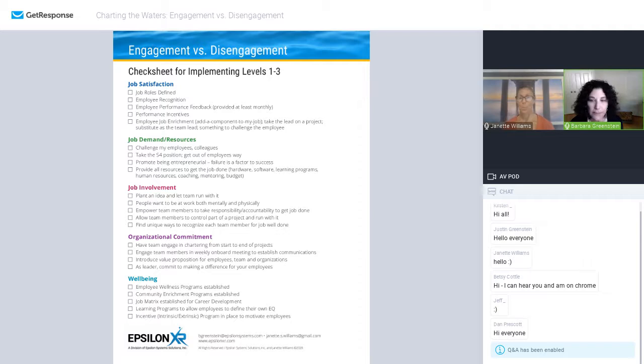Keep in mind that this is not an all-inclusive list. We're simply providing you with a couple of ideas to get you started. But we realize, based on your organization and your teams, there are probably many more ways to engage your employees. In the interest of time today, we're going to practice and focus on the first 3 of these constructs for our activity.